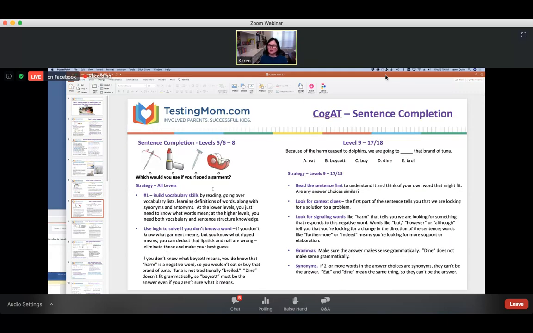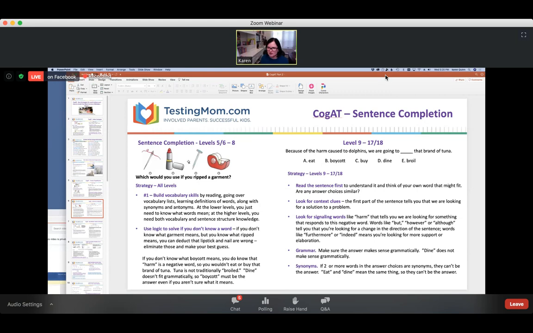So now we're going to talk about sentence completion. It's different at the younger level and the older level. At the younger level, it's going to be all pictures, and what kids need is vocabulary. They need to know what the words in the question mean, and what the pictures are of.